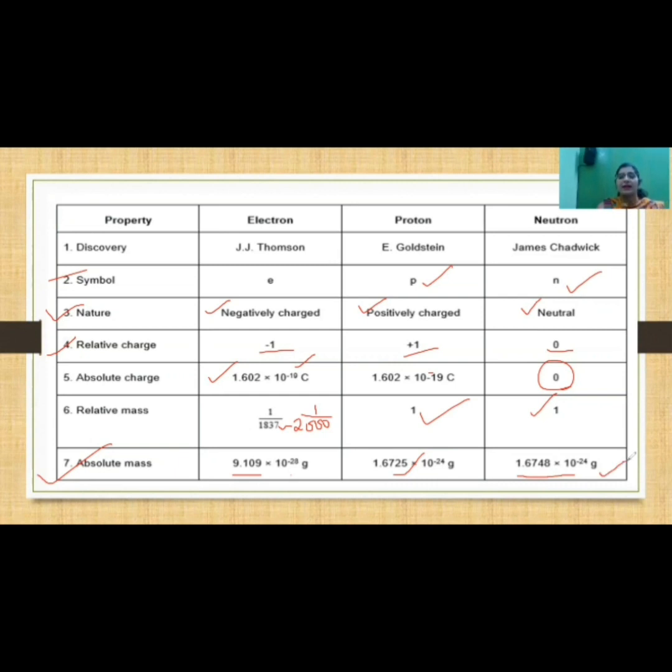So this is a comparative study of electron, proton, and neutron as the subatomic particles of an atom.